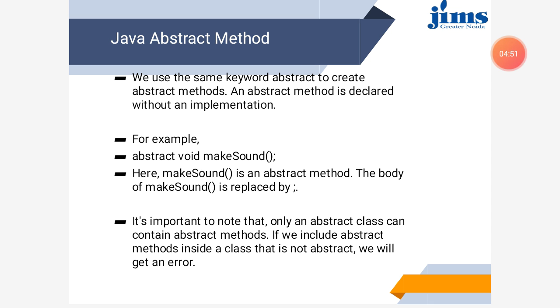Now the point is, what is an abstract method? As I said, an abstract method does not contain the definition of the method. Like in this case, the abstract keyword has been added: abstract void makeSound in the example. So the declaration of the method is here, that is makeSound, but no definition has been given.